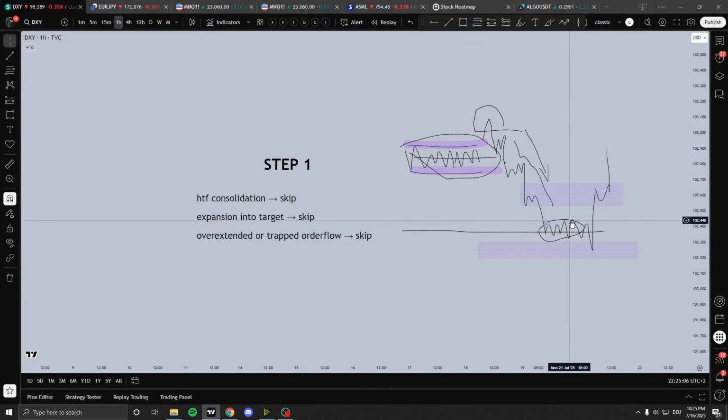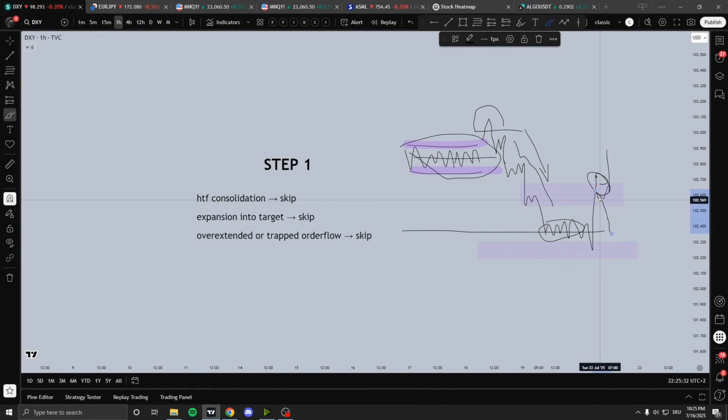And then you see price tapping the imbalance, trading higher to this upper imbalance. And if price is not willing to close above this imbalance and instead rejects back lower, price is most likely in trapped order flow and will consolidate between those two opposing PD areas.